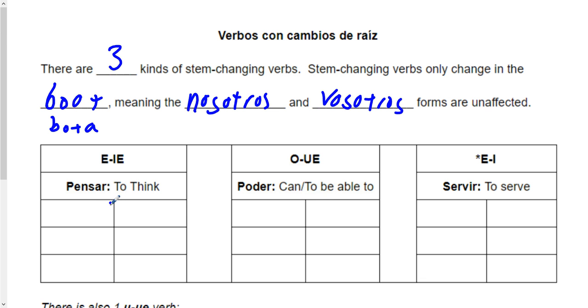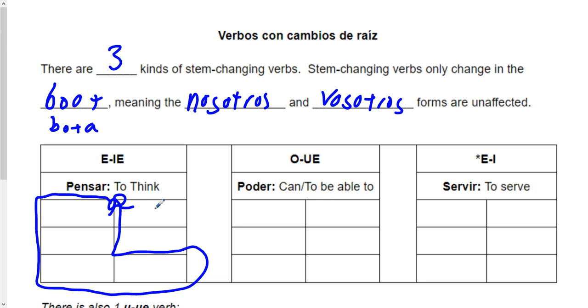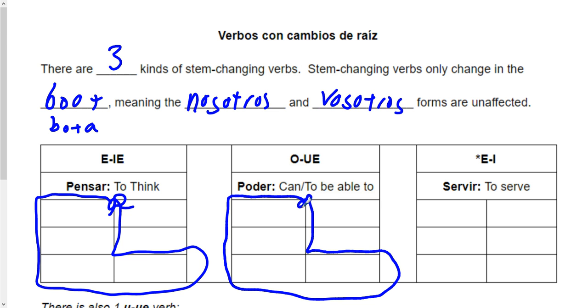So for each of these, if you were doing this on paper, you would be outlining a boot right here. Okay? Around all of the singular pronouns and the third person plural.